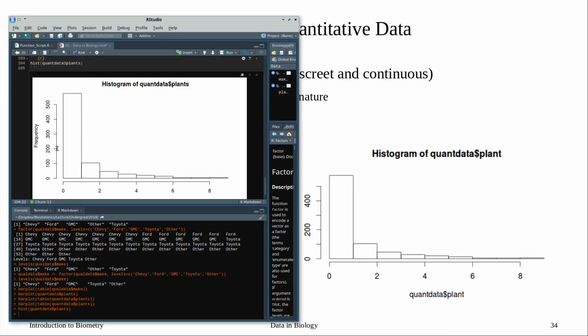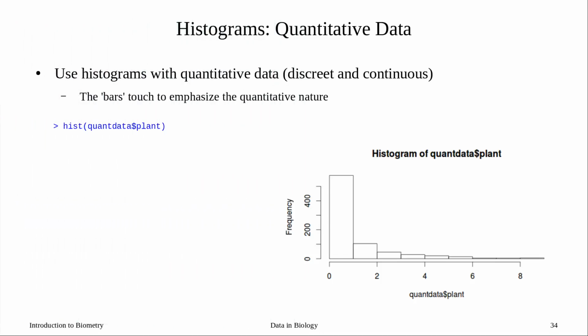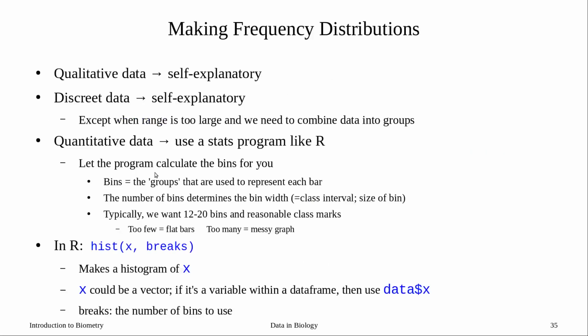It relays a similar type of information as a bar graph, but that extra bit of information that the bars are touching really emphasizes that we're working with a measurement type of variable, a count variable, that the numbers just go from one to the next, so the bars are not independent of each other. So histograms are going to be used for quantitative data. They really explain and show the frequencies.